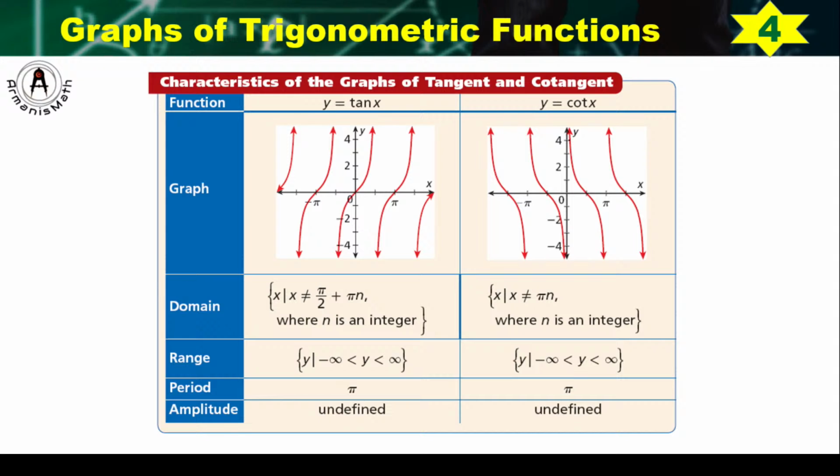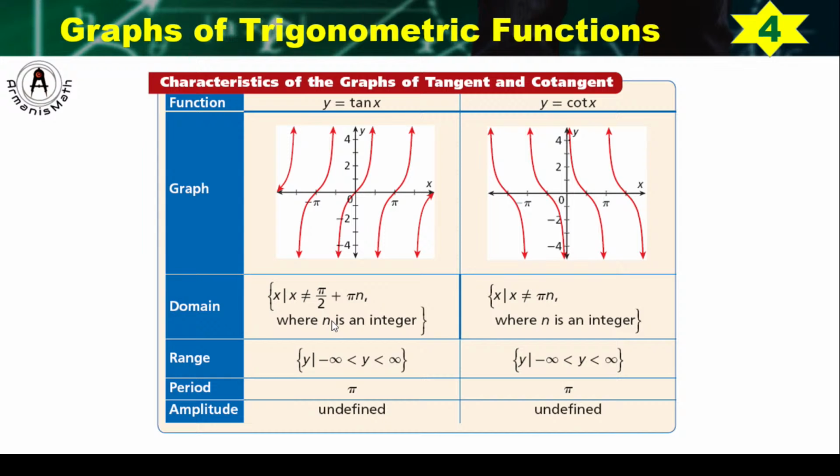So tangent, you just told me, is opposite over adjacent. So opposite is y over x, or again sine over cosine. So you want to avoid where cosine is 0. Here we go. You want to avoid where cosine is 0 because it's undefined, and that's the value where you have exactly a vertical asymptote. That's what they're trying to point out here.